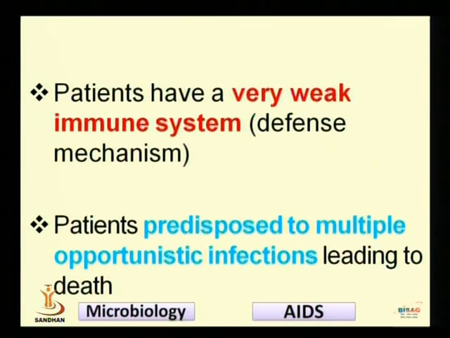We call them opportunistic infections because under normal circumstances, the host would not have contracted such infections if his immune system was well.